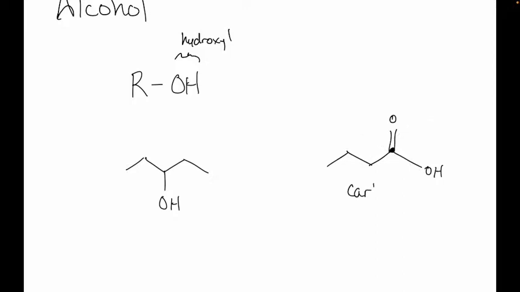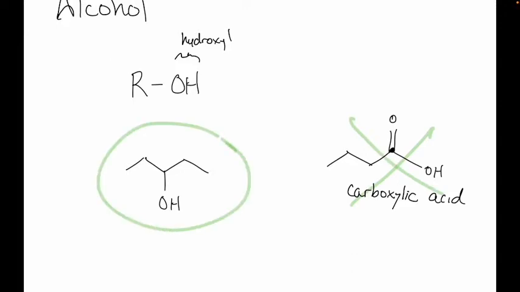This is what we call a carboxylic acid, and we'll learn about carboxylic acids at some point. That's another functional group that we'll introduce. But just to point out, even though this has an OH group in it, it's not considered to be an alcohol. It behaves very differently than alcohols do. So again, not this one here, but this over here would be considered an alcohol.